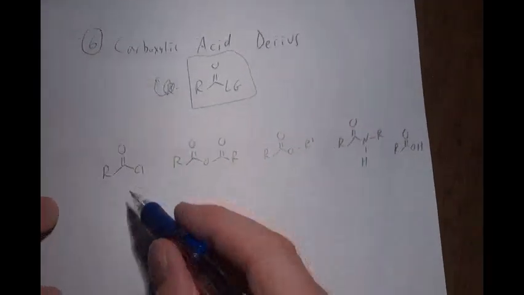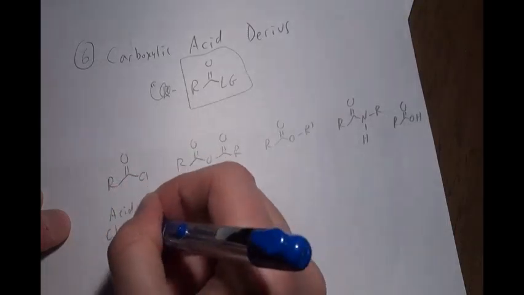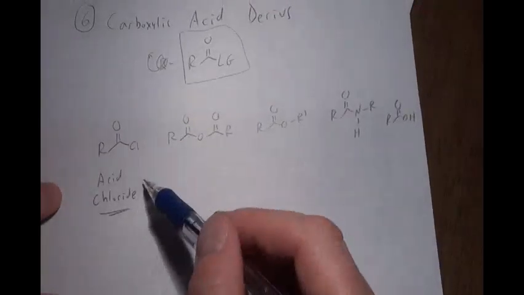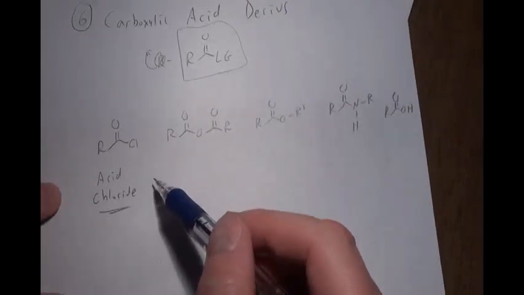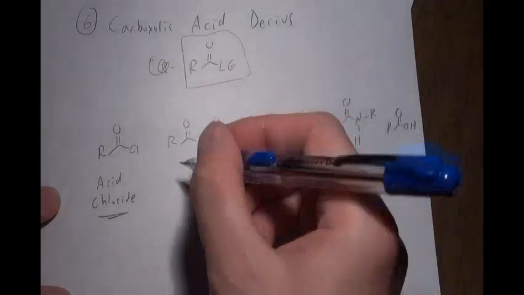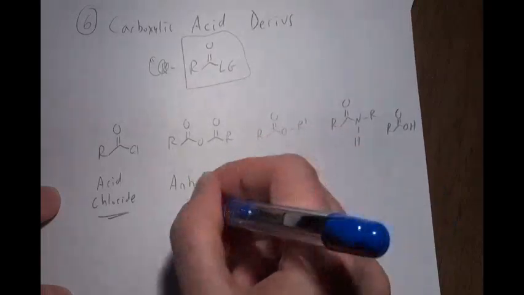Okay, this is an acid chloride. We've seen acid chlorides a couple times. Friedel-Crafts reaction, maybe a little bit of protection stuff. This one you may or may not know. It's called an anhydride.